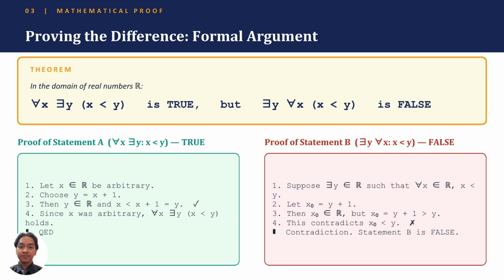Then x naught is a real number, but x naught equals y plus 1, which is bigger than y. This contradicts x naught being less than y. So it is a contradiction, and statement B is false.